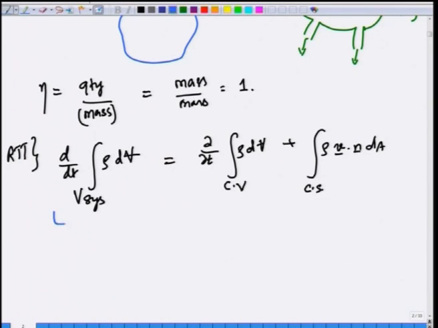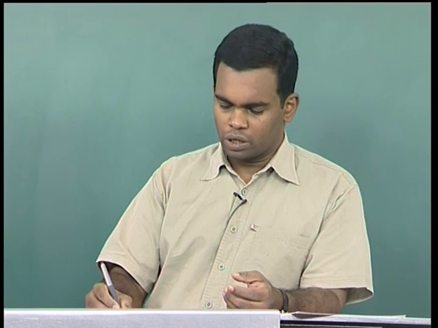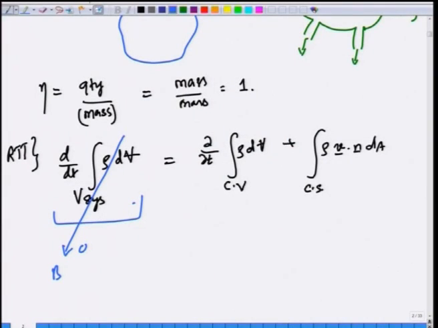Now, the conservation of mass principle says that if you follow the same set of mass points, the mass is neither created nor destroyed. So, this is 0 by the law of conservation of mass. If you follow the same set of fluid particles, since mass can neither be created nor be destroyed, their mass will remain a constant.